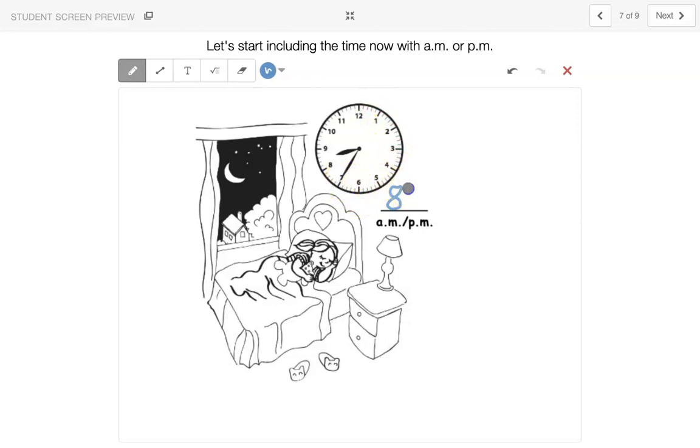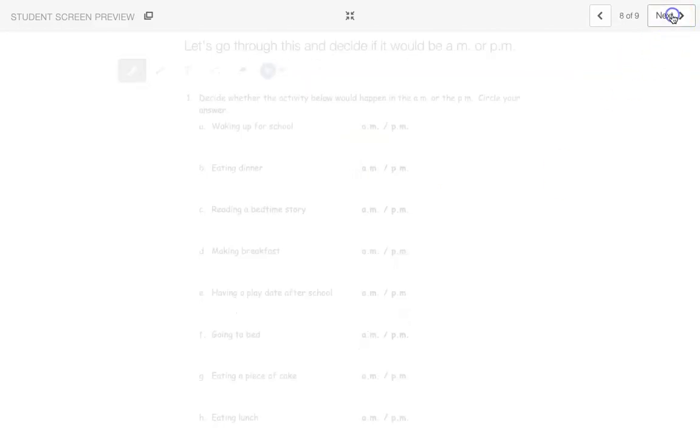So it's 8:35. Do you think it's in the morning or at night? Because she looks like she's sound asleep with her little teddy bear, and it looks like the moon is out and it's a dark sky. So we know that's going to be p.m. 8:30 p.m. We can tell from our clues.